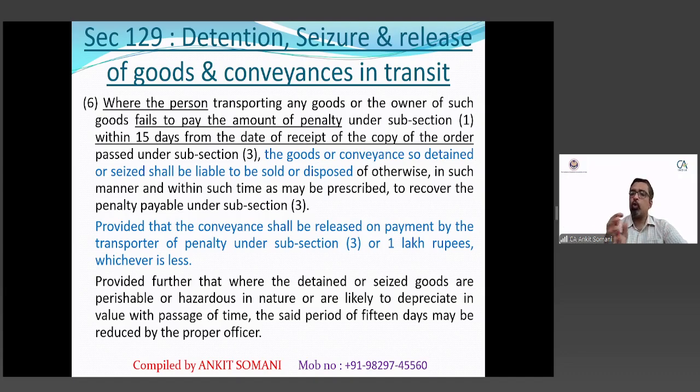Suppose those documents are not there, and the owner of the goods is not paying any heed to the reminders made by the transporter, and the transporter wants his conveyance back very fast. Then, on payment of 1 lakh rupees or the amount of penalty as prescribed under subsection 1, whichever is less, the goods or the conveyance can be easily released.